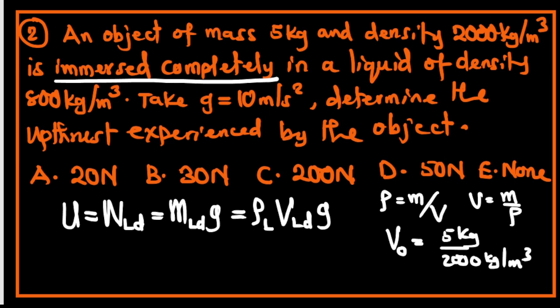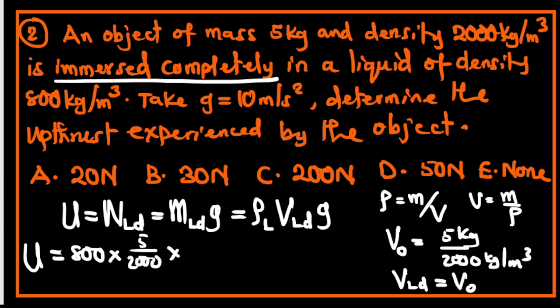So knowing the volume now, the volume of liquid displaced is equal to the volume of the object at complete immersion. So what do we say? The upthrust is going to be, what's the density of the liquid? Is given as 800. Then times the volume of liquid displaced, same as volume of object, in mass that's 5 over 2000.